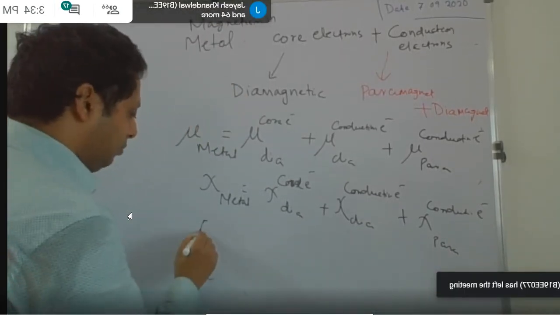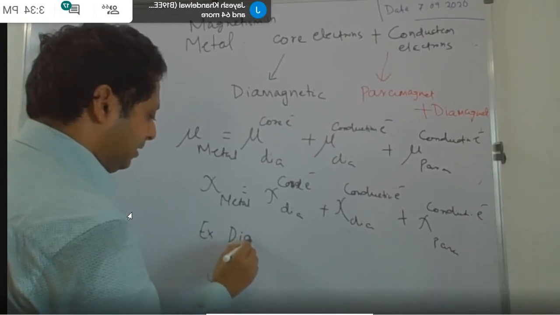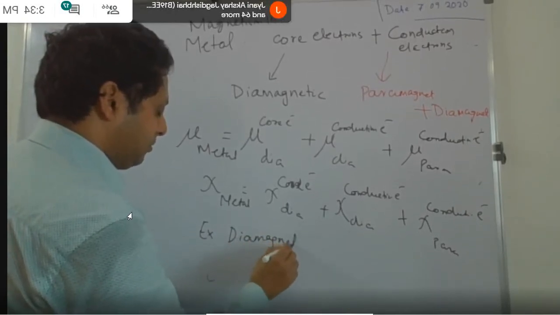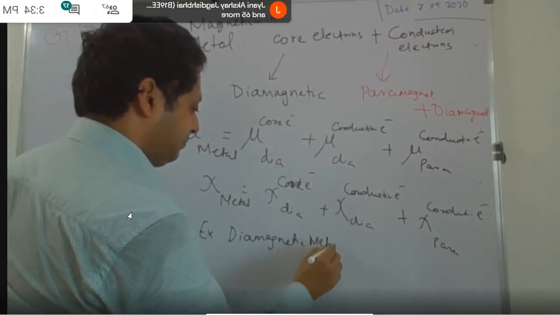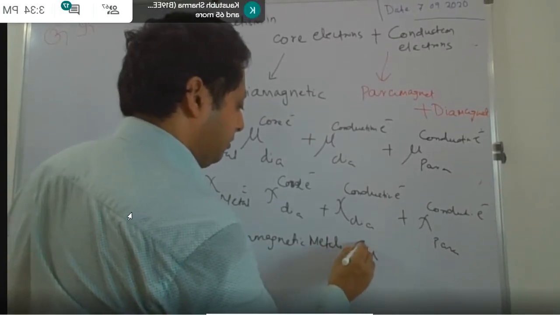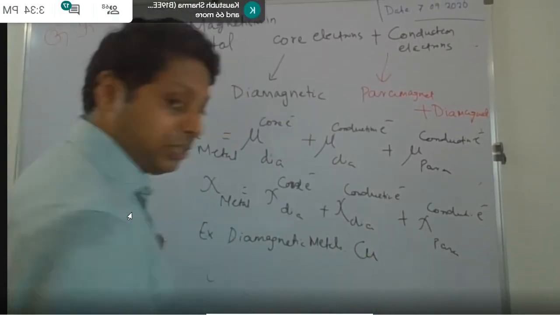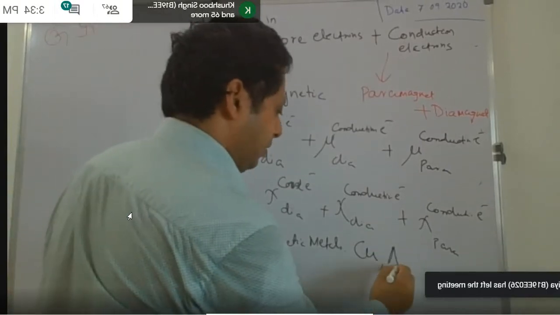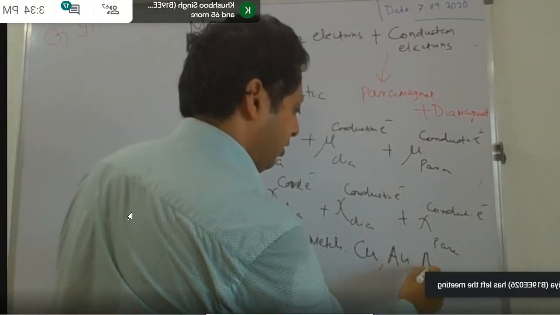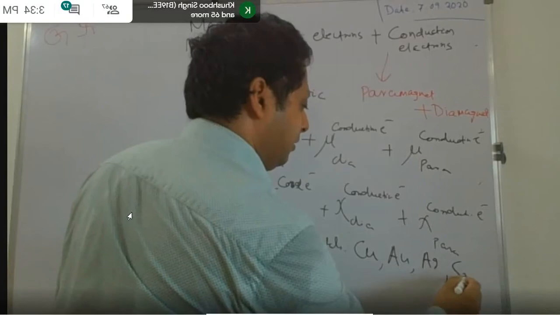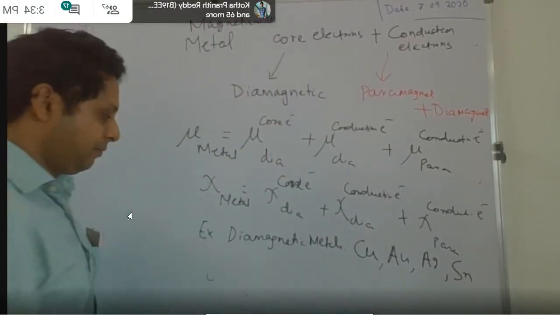Examples of diamagnetic metals will be copper. This is diamagnetic. Even, for example, gold or silver or tin. These are diamagnetic.